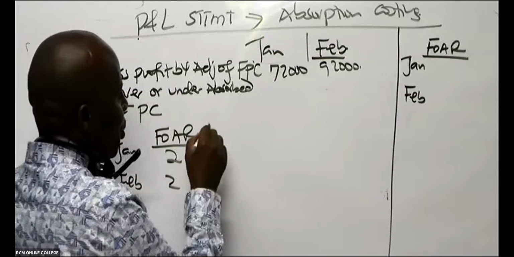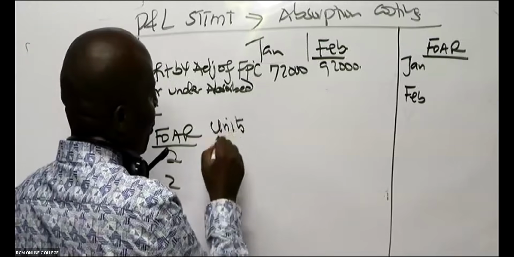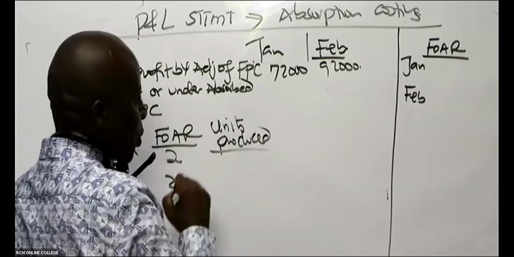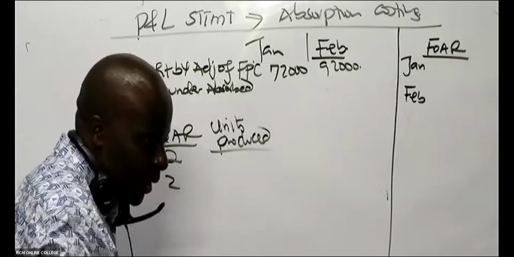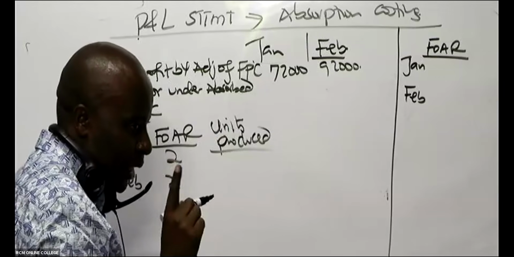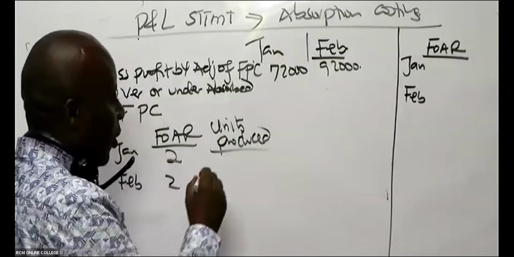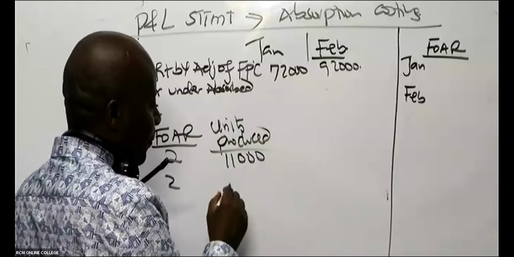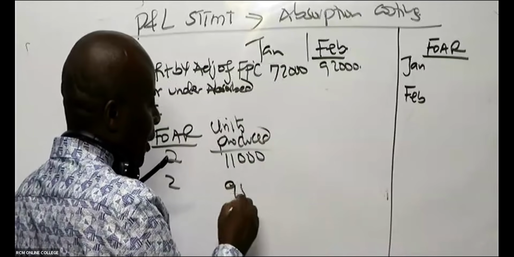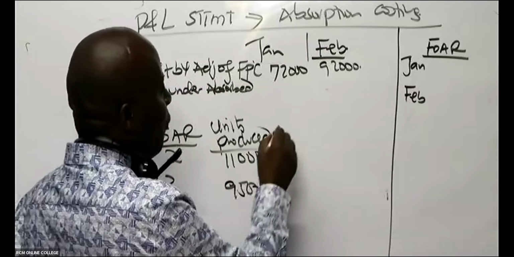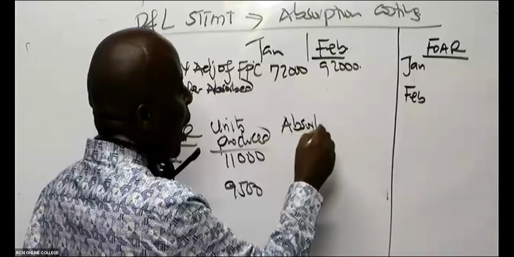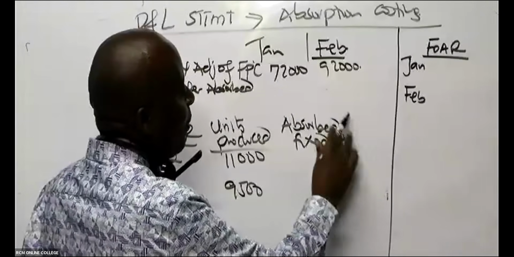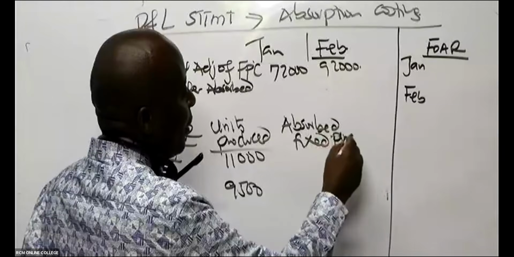Give me the units produced in the period. January we produced how many units? 11,000. February we produced how many units? 9,500. So then give me the absorbed fixed production overheads.